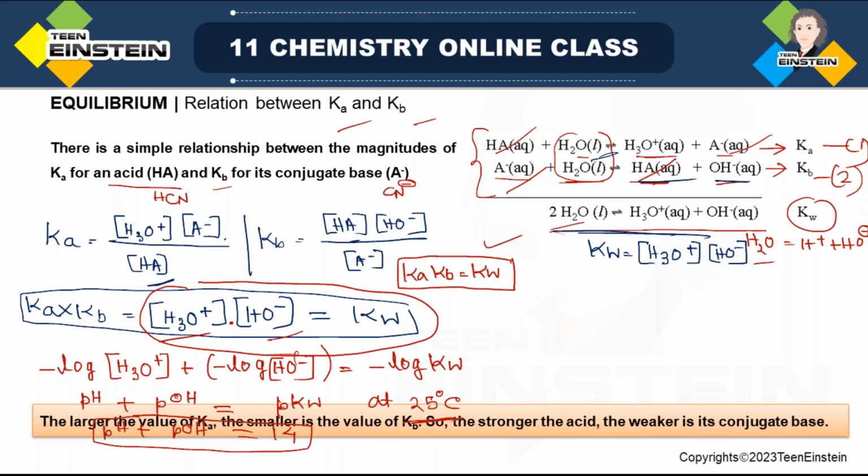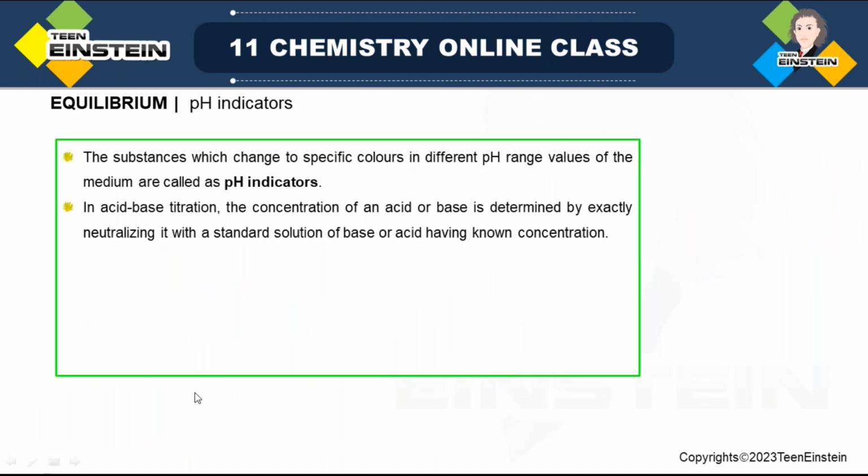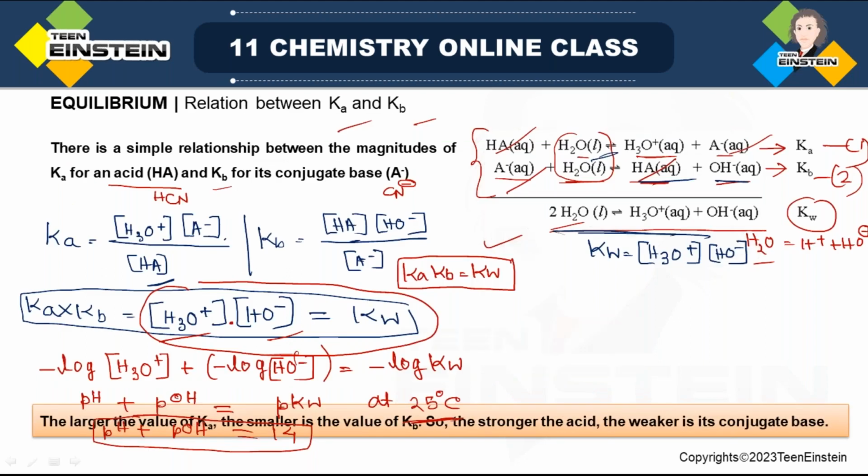From this, one conclusion we can draw: the higher the value of Ka, the smaller the value of Kb. Why do we say so? Because the product of these two is fixed, since Kw is fixed.